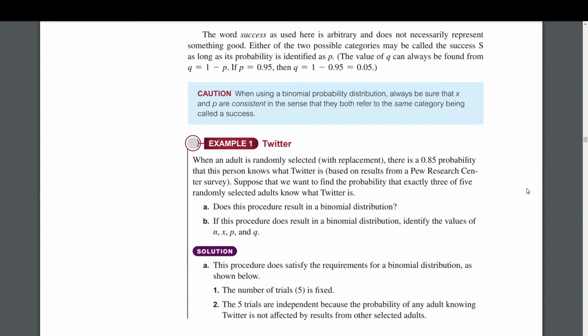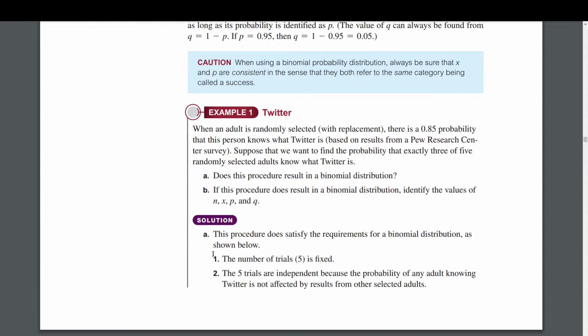Suppose that we want to find the probability that exactly 3 of the 5 randomly selected know what Twitter is. First of all, does the procedure result in a binomial distribution? And so we could say, yes, the number of trials were 5 because we randomly selected 5 adults. So there's 5 trials.